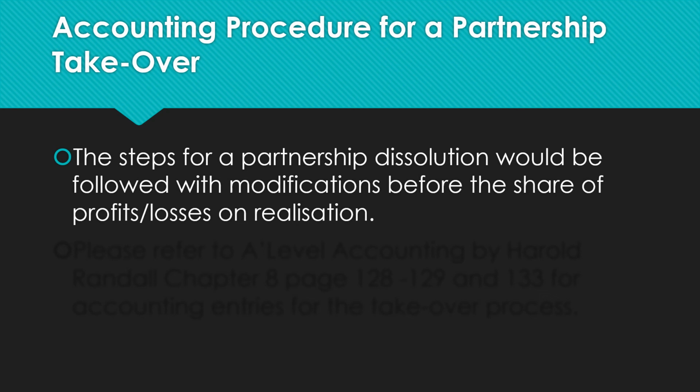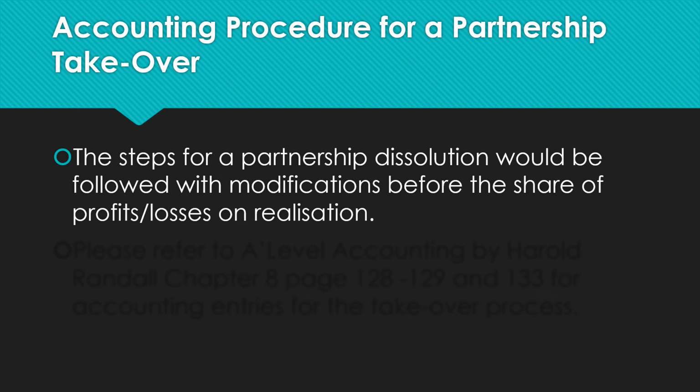So let's say, for example, you had customers owing you $25,000 collectively, and you only collected $24,000 from those customers. When you collect that $24,000, you will debit either cash or bank for that $24,000 and credit the accounts receivable.